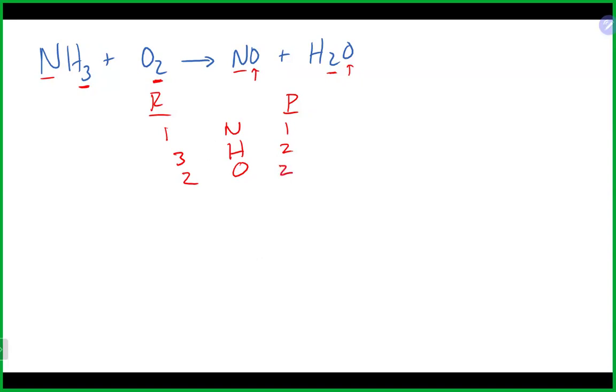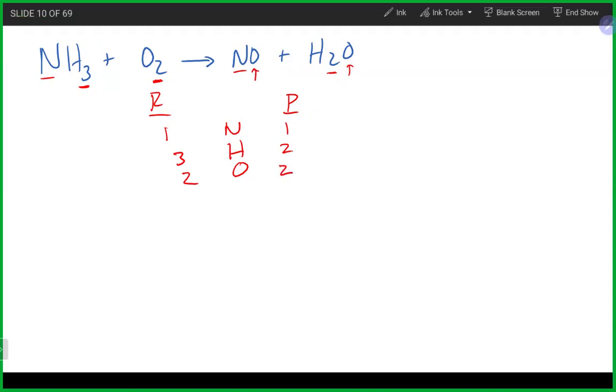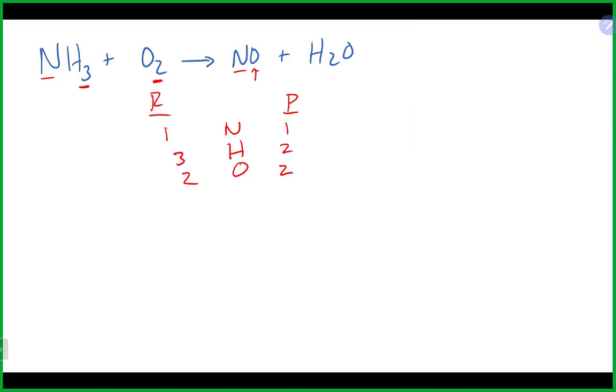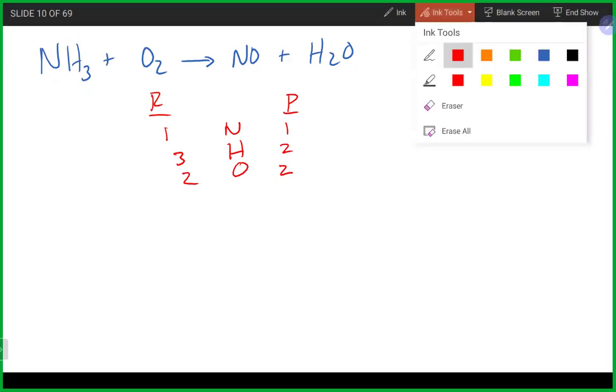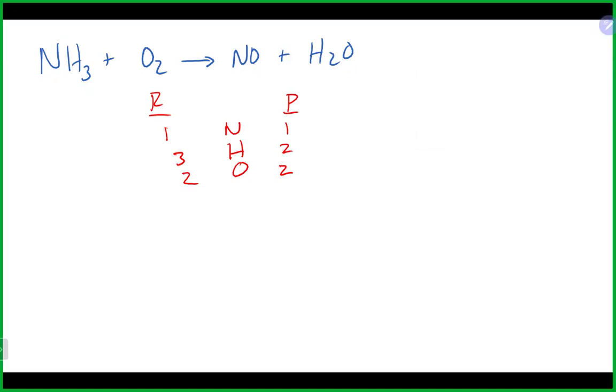So it appears not too bad. Everything's balanced except for obviously in this case our hydrogen. So that is, I think, where we should start. Now in this particular case, we have 3 on the left-hand side and 2 on the right-hand side. So the common number between 3 and 2 is 6, right?